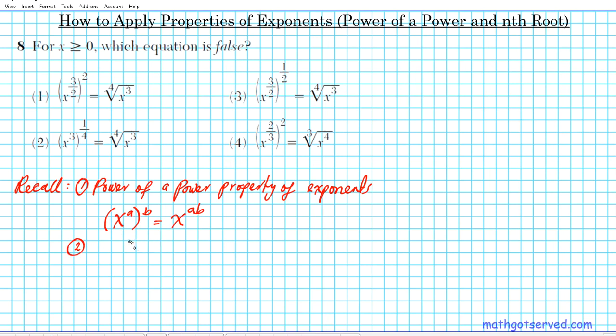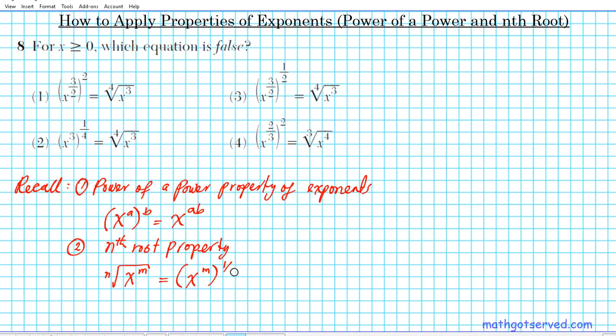Two is the nth root property. If you have the nth root of a power, let's say the nth root of x to the m, this can be written as a rational exponent, namely x to the m raised to the 1 over n.